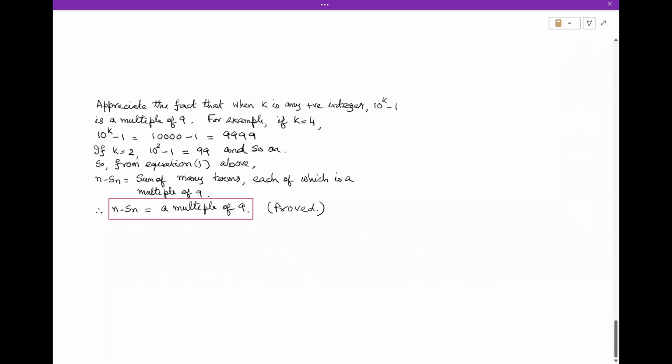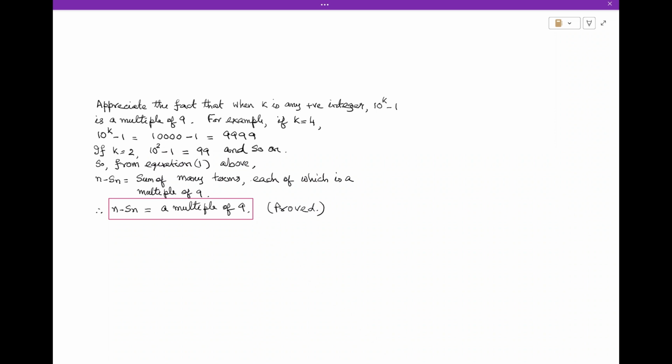Appreciate the fact that when k is any positive integer, 10 to the power of k minus 1 is a multiple of 9. For example, if k is equal to 4, then 10 to the power of k minus 1 is equal to 10,000 minus 1, and that is equal to 9,999. If k is equal to 2, then 10 to the power of 2 minus 1 is 99, and so on.